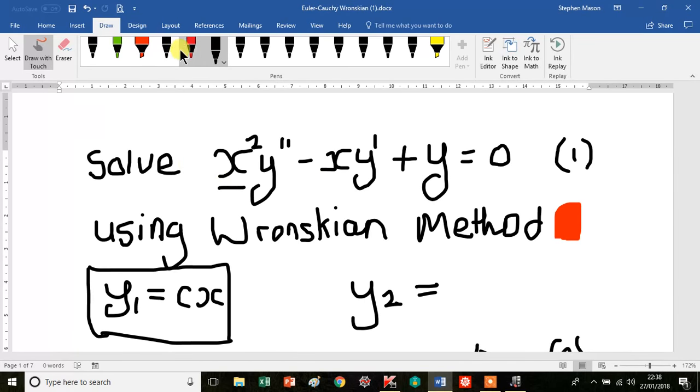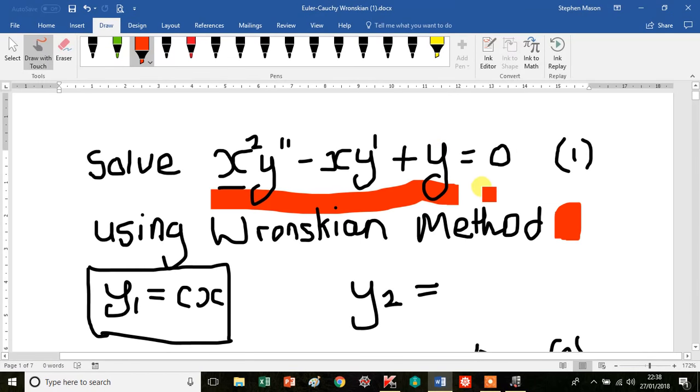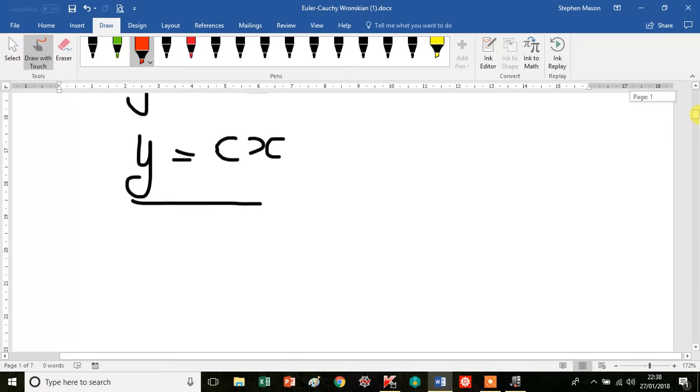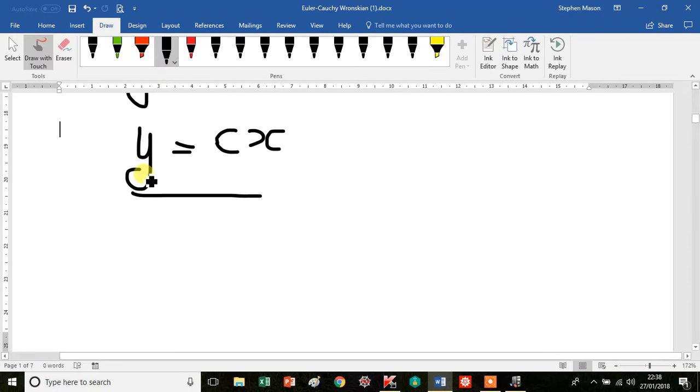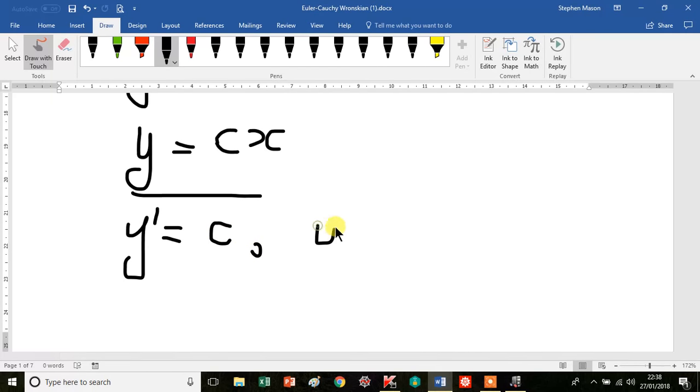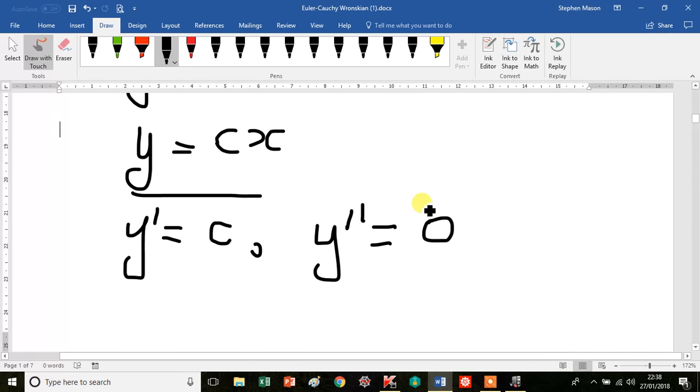So this part of the equation on the left hand side has to be equal to 0 on the right. Okie doke. Right, so if we differentiate this, we've got y prime equal to c, and we've got y double prime equal to 0. If you differentiate a constant, you get 0.